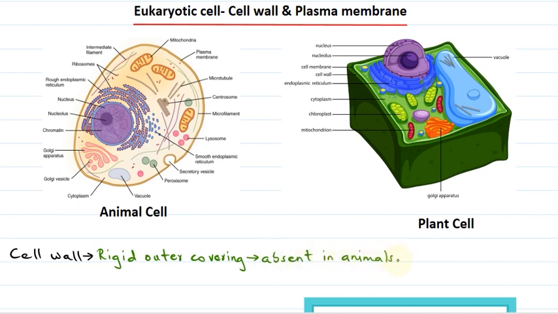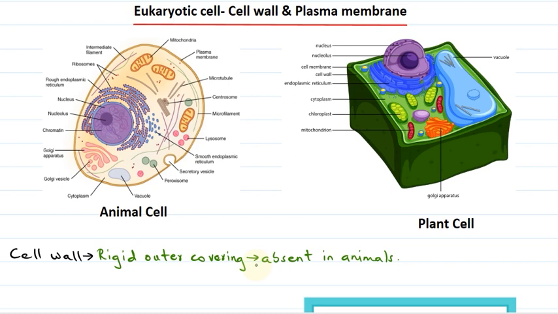Even though animals are eukaryotes, they do not have a cell wall, whereas other eukaryotic cells like plant cells, and even fungi, have a cell wall. This rigid outer covering is usually present outside the plasma membrane.